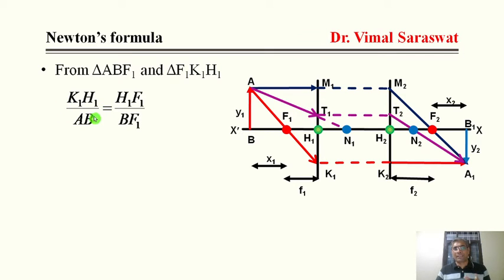So K1H1 upon AB equal to H1F1 upon BF1, and K1H1 equal to A1B1. So A1B1 upon AB is equal to H1F1 upon BF1.